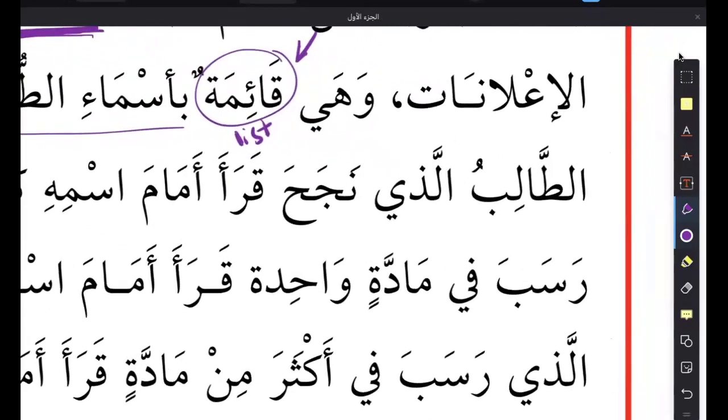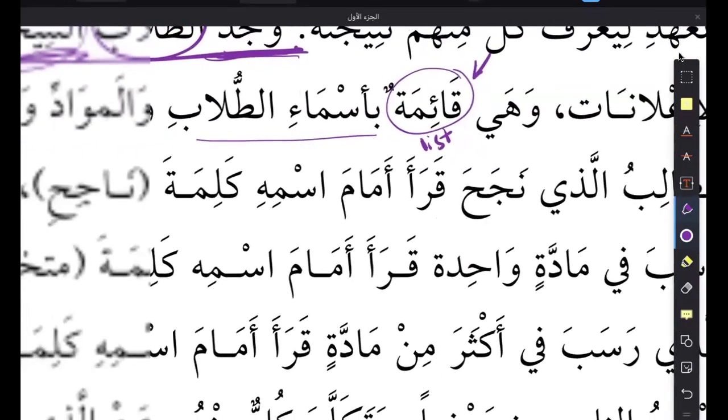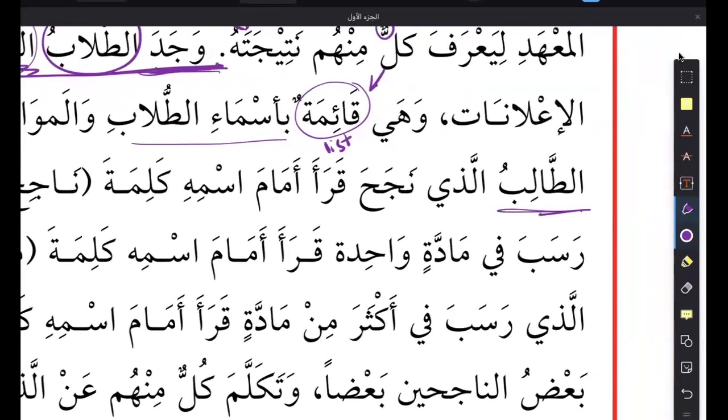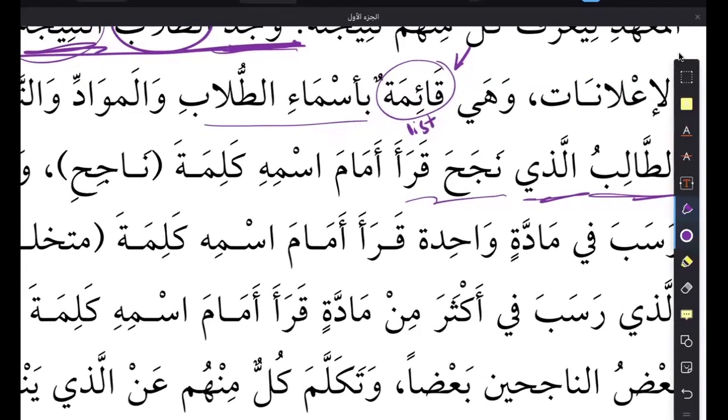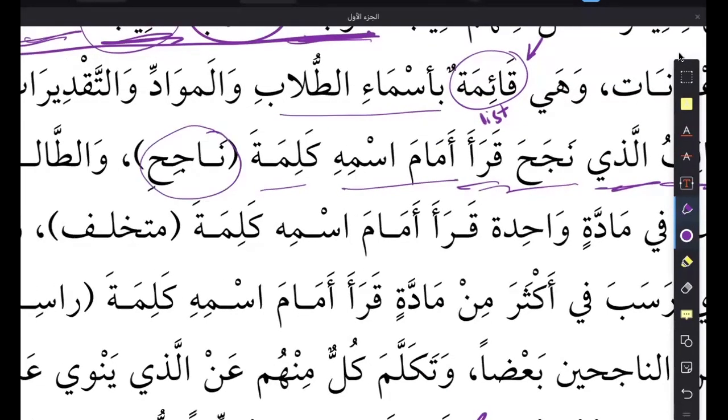So then he says الطالب الذي نجح يقرأ أمام اسمه كلمة ناجح. So the student الذي, the student who نجح, succeeded or passed, reads in front of his name the word ناجح, passed.